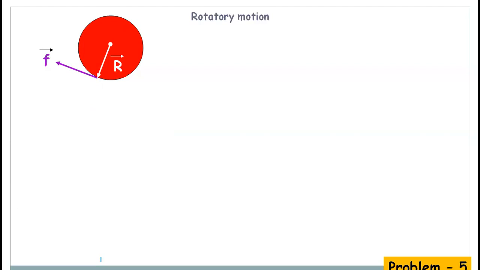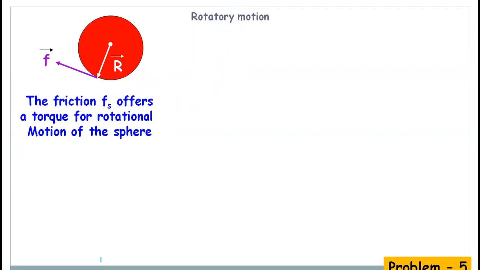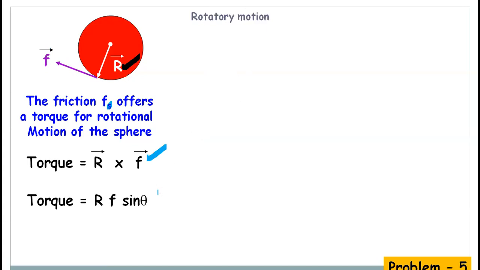Okay, right. Now torque acting on the sphere, it's the friction that is going to offer the torque. So as I told you, the friction F offers the torque for rotational motion of the sphere. Now the formula for torque is R vector cross F vector. This you would have already studied in 11th standard. That is, if I expand this, A vector cross B vector is AB sin theta.